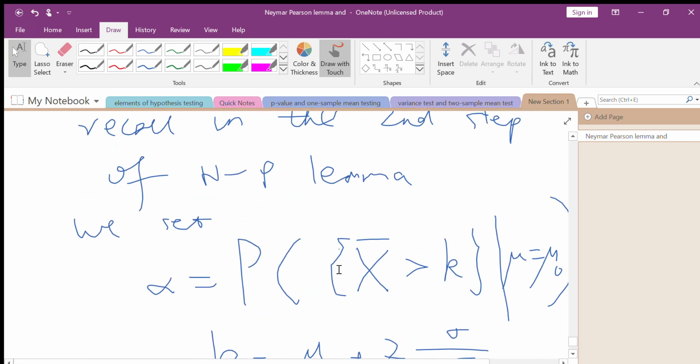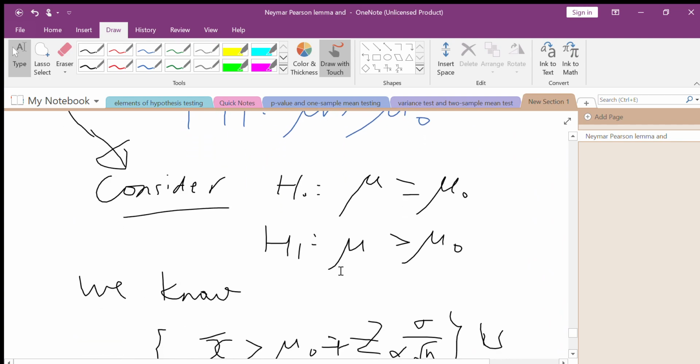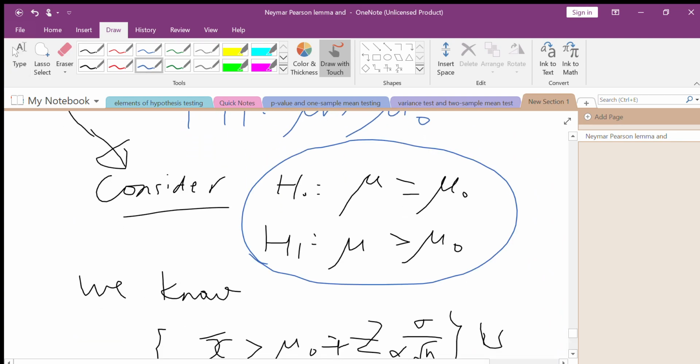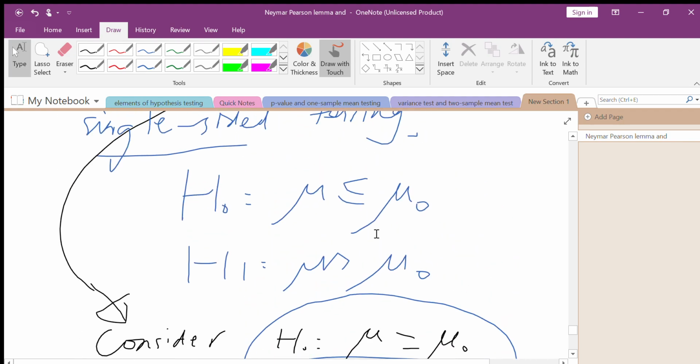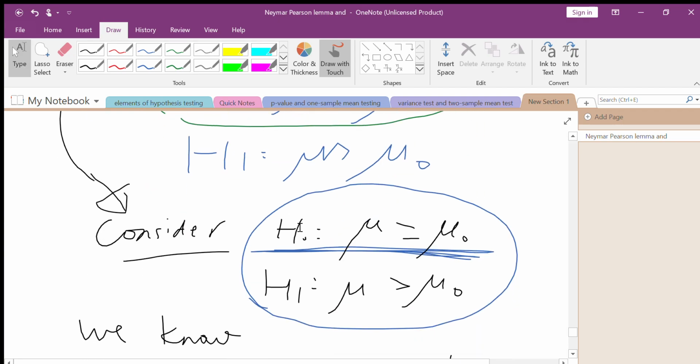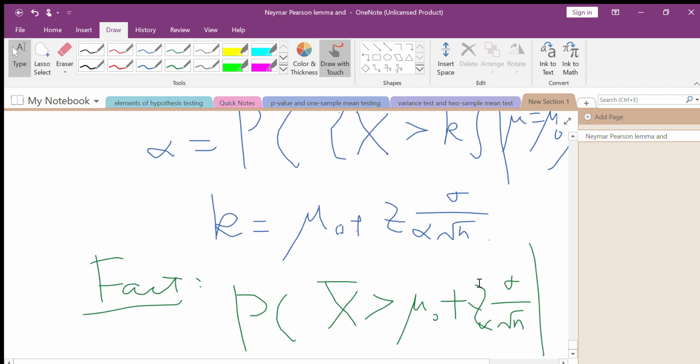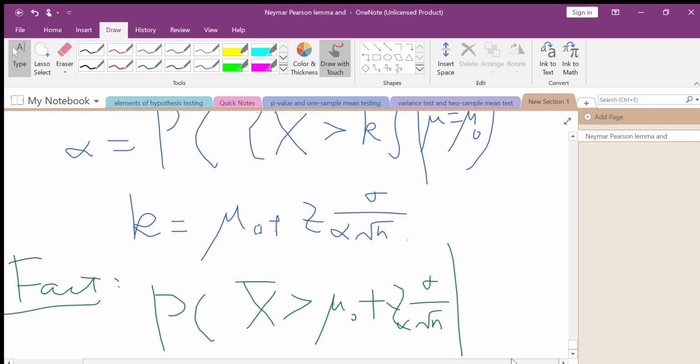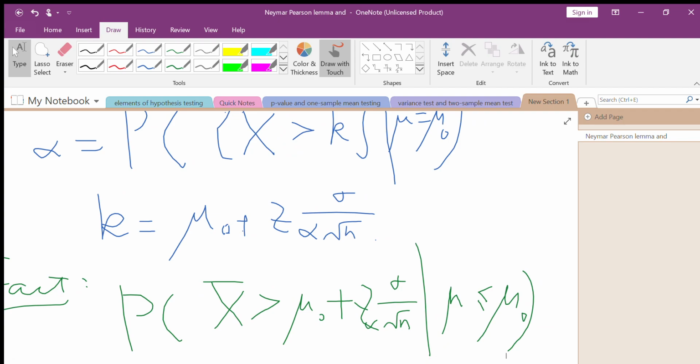In this case H null was just a single value. But now we change our situation, so our H null changes to not equal. So H null is mu equal or less than mu 0. Then the fact is that this probability is less or equal alpha.